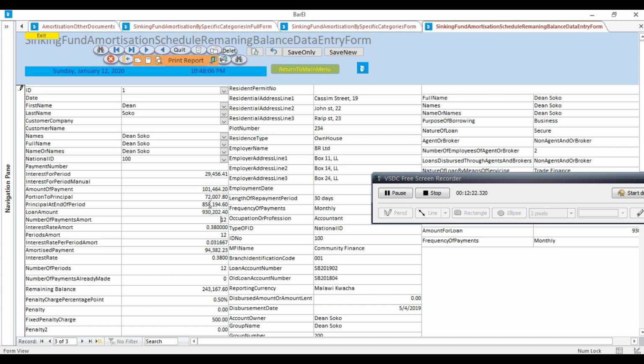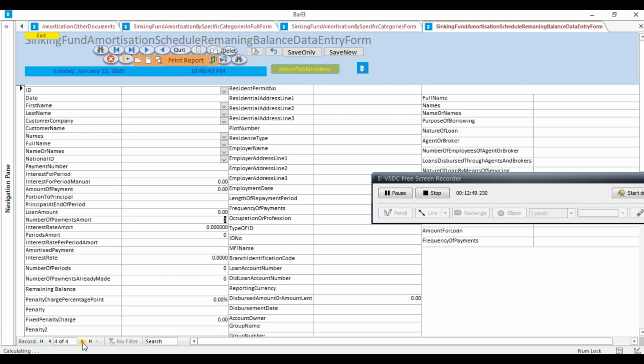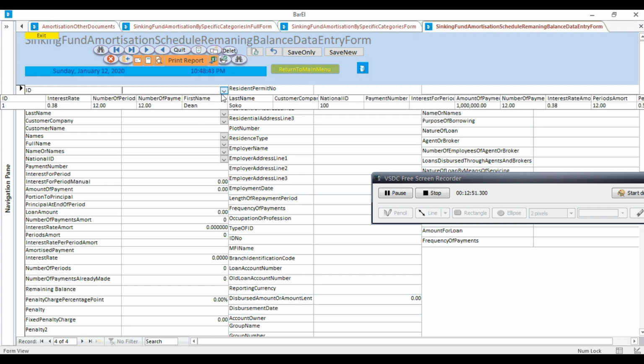You see the principal is decreasing, the principal at the end of the period now is increased. The portion to principal here is increasing while the interest is decreasing. So let us proceed to the third one or the fourth one.